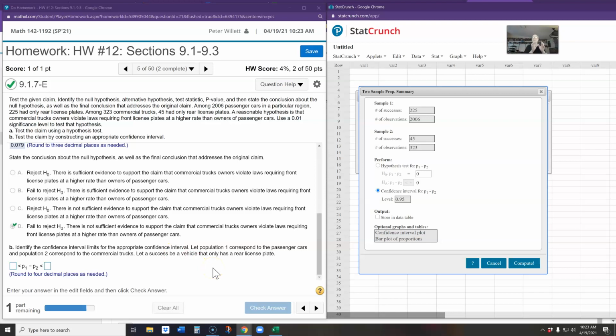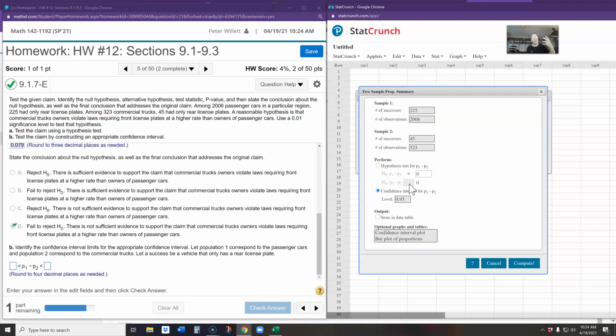So the confidence level to be appropriate will be based on the significance level of 0.01 that the problem gave us. So for a significance level of 0.01, we have to say, is this a two-tailed test or a right or left-tailed test? And so this is a claim about being less than a particular value, being less than 0 for the difference, or P1 being less than P2.